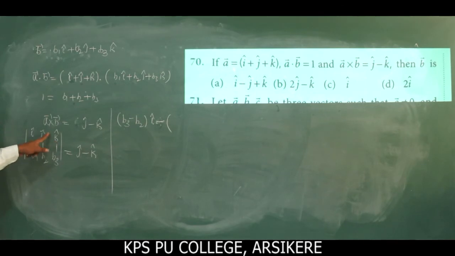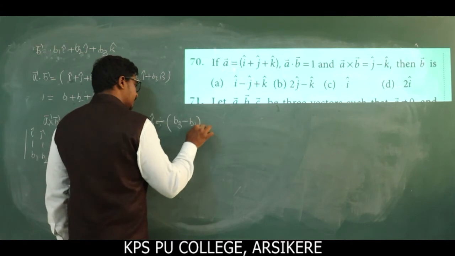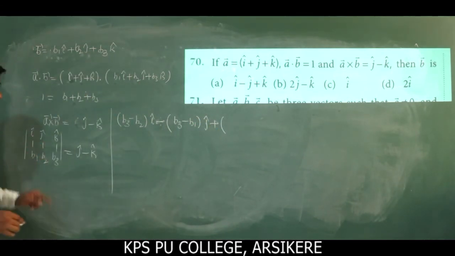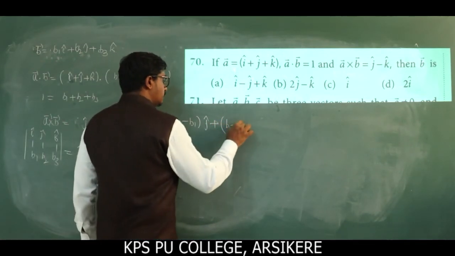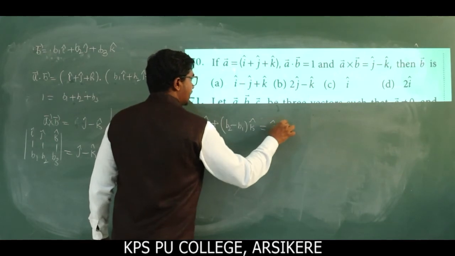Take the corresponding row and corresponding column: B3 minus B1 into j cap, plus the last one, third one, B2 minus B1 into k cap is equal to j minus k.